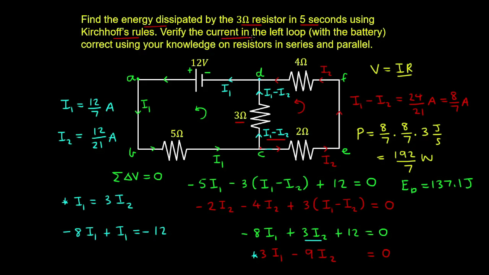Now to verify the current in the left loop, using our knowledge on resistors in series and in parallel, you may recognize that these two resistors are in series, which can be converted into an equivalent resistor, and the equivalent resistor will be in parallel with this resistor. So again, you can convert that into an equivalent resistor, and then that equivalent resistor will be in series with this one.